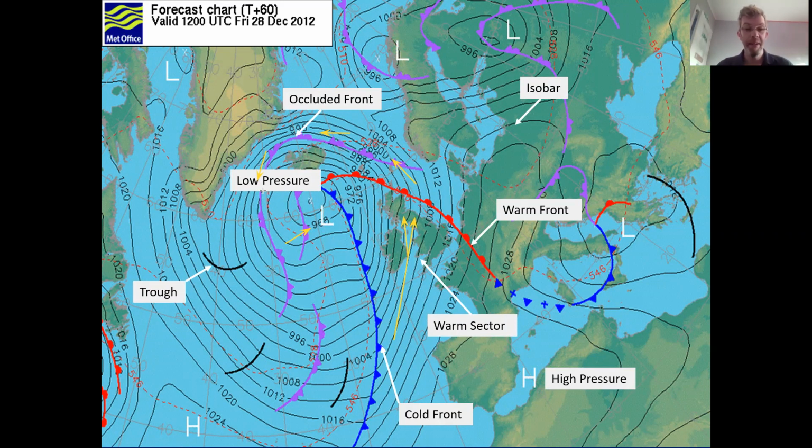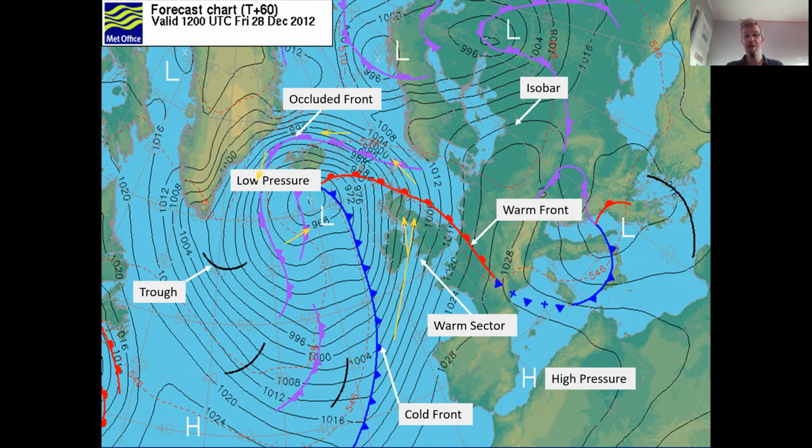Any isobar line, you can draw an arrow on it. On a low pressure, the wind gets pulled in by about 30 to 40 degrees on average from that isobar line. So that's why we've got the first line that I drew, and then we've got the second arrow coming off.